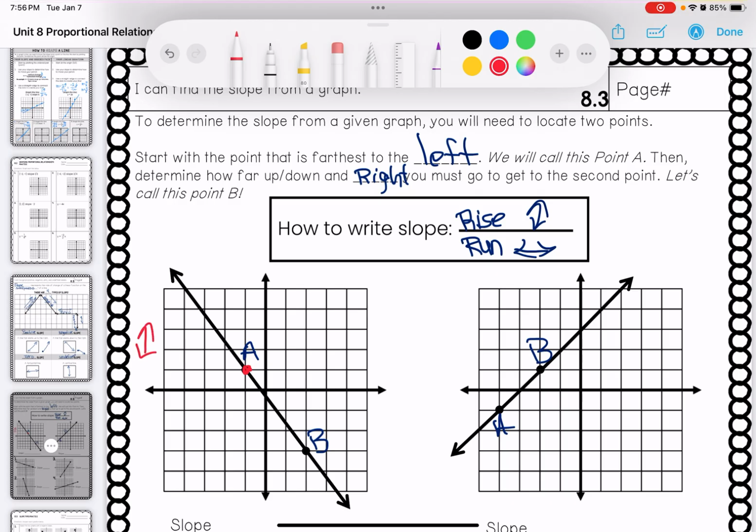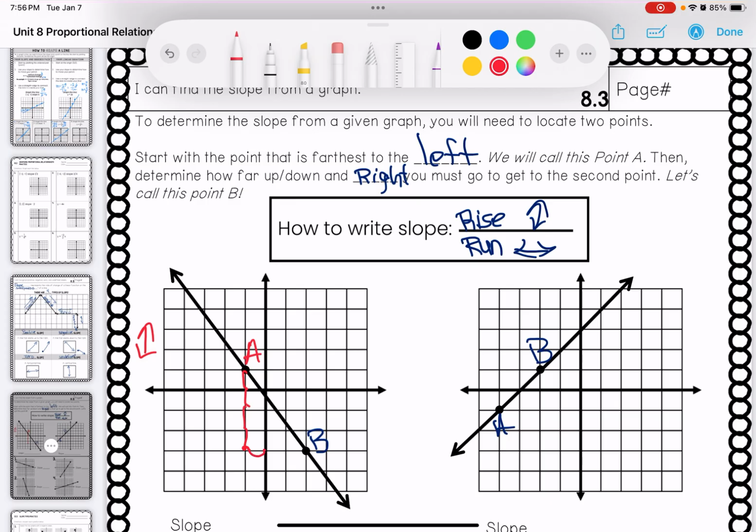In order to get to point B, I got to go down. So if this is A, 1, 2, 3, 4.